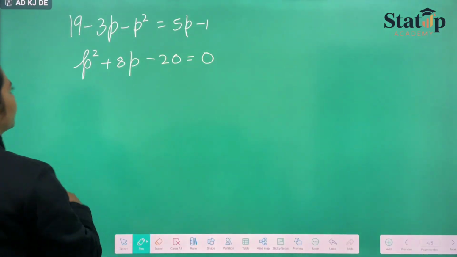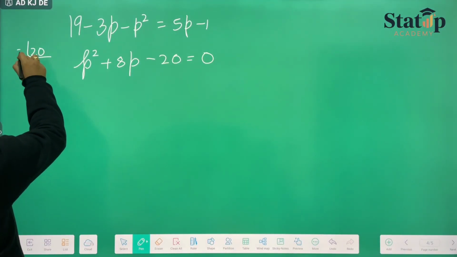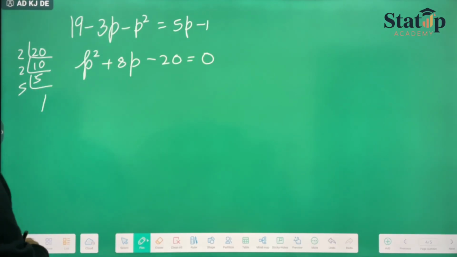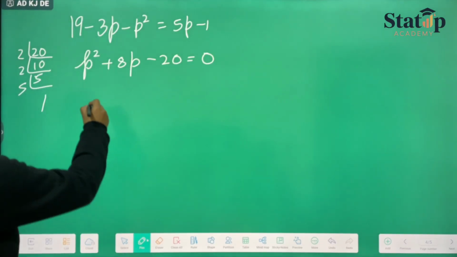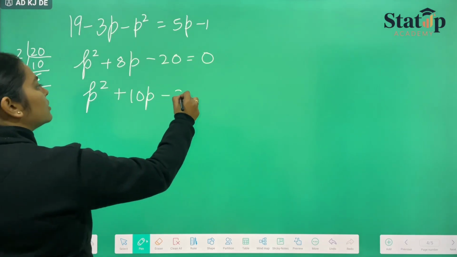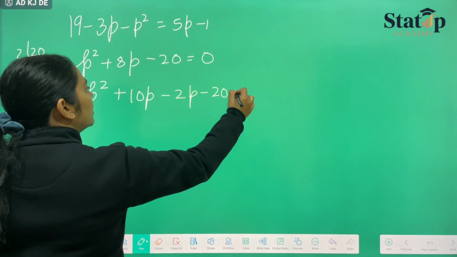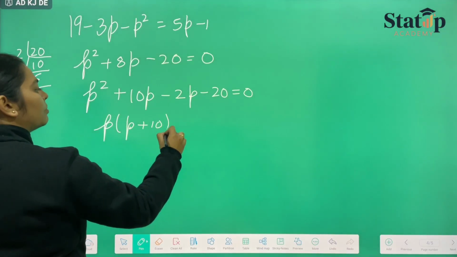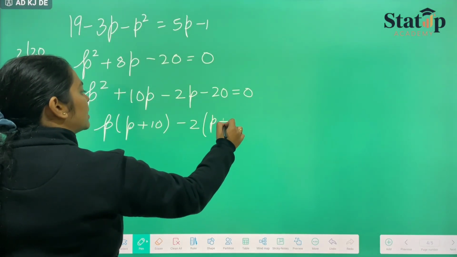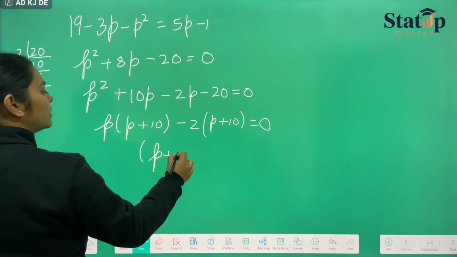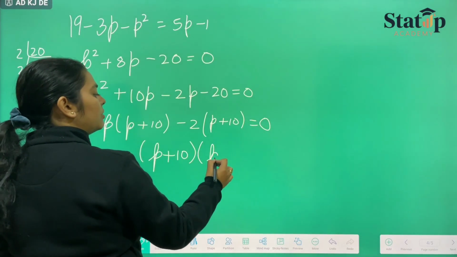If we take the factors of 20, we will get 2, 2 and 5. Now solving this, 4 and 5 cannot be taken, 10 and 2 can be taken. So this can be p square plus 10p minus 2p minus 20 equals to 0. p into p plus 10 minus 2 into p plus 10 equals to 0. We get two factors, p plus 10 and p minus 2.